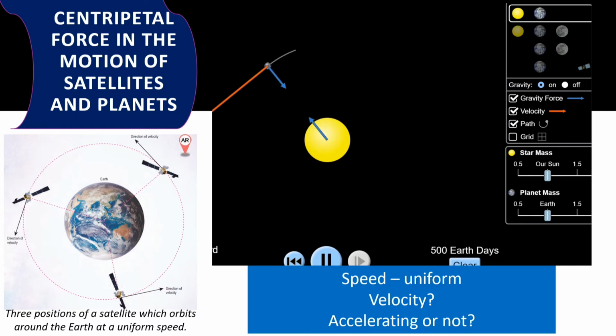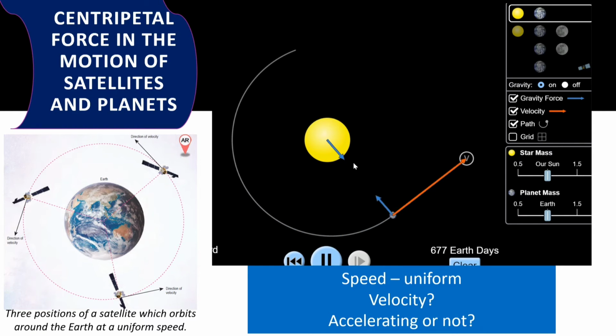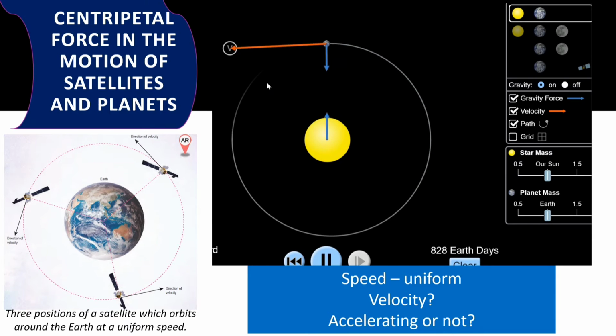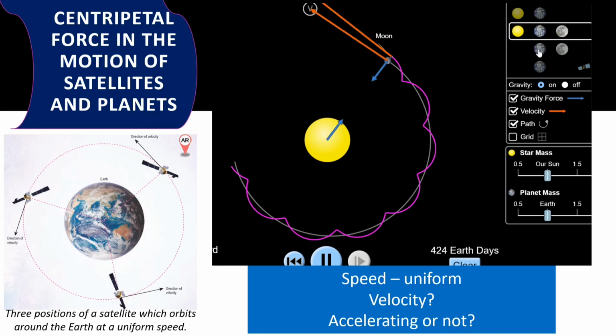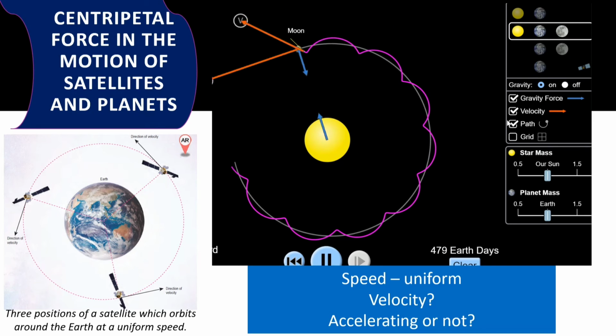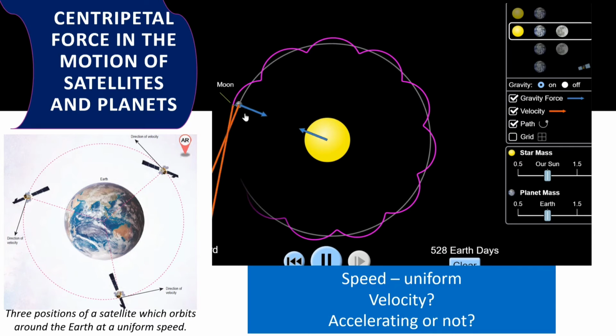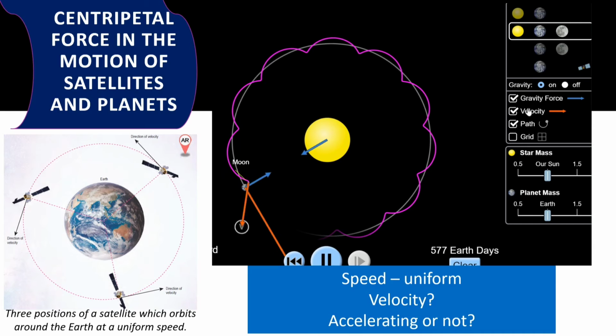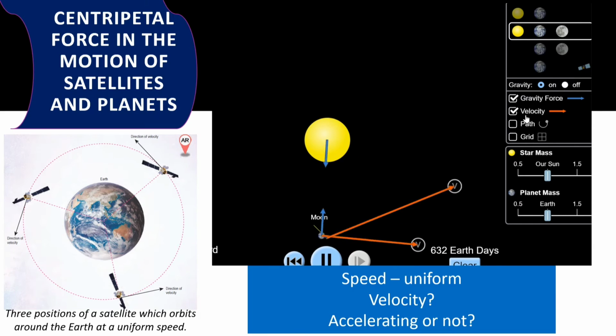Since the velocity is always changing, there is a change in velocity, therefore it is accelerating. So the Earth is accelerating when it is orbiting the sun, and the satellite is also accelerating when it is orbiting the Earth.